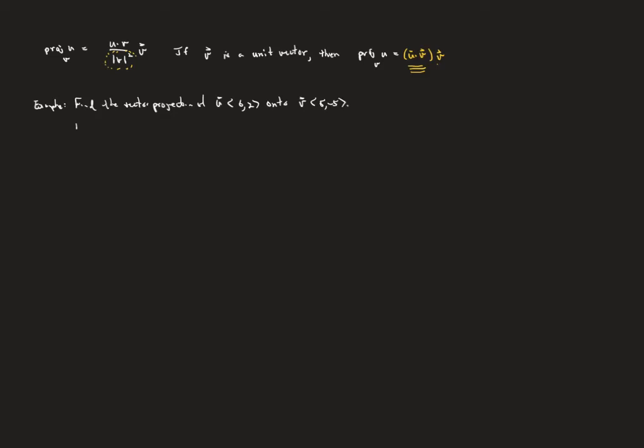Then write our vector u as the sum of two orthogonal vectors, one of which is that projection vector we just found, the projection of u onto v. Okay, so let's see what we got here.